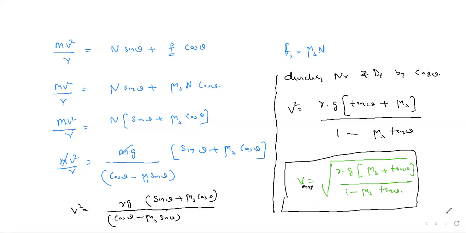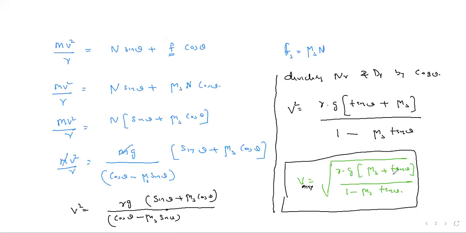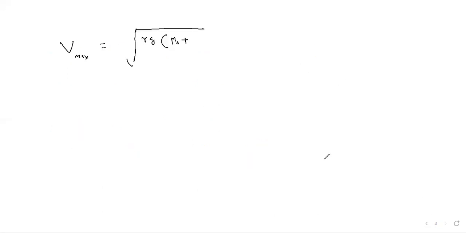So we obtain the relation v maximum equal to square root of r into g into (mu s plus tan theta) divided by (1 minus mu s into tan theta).